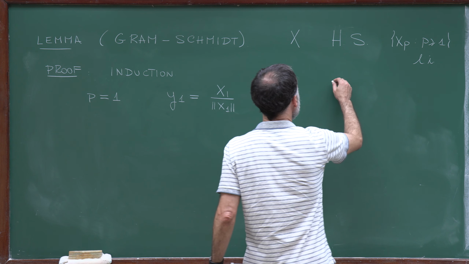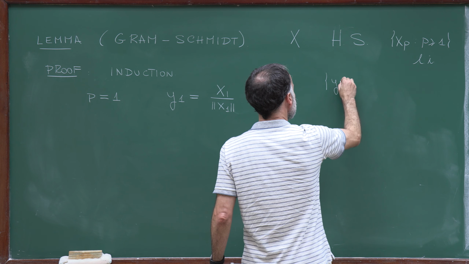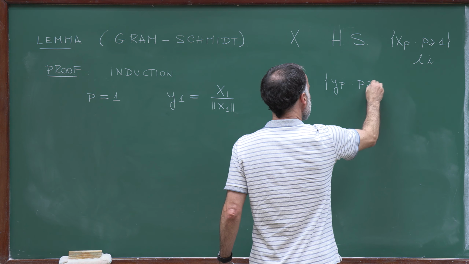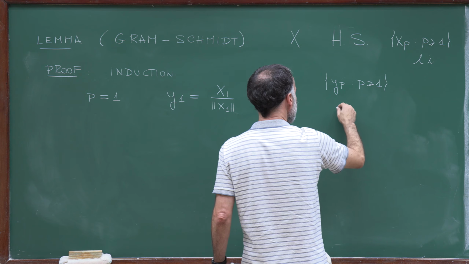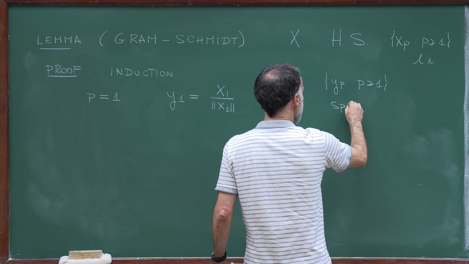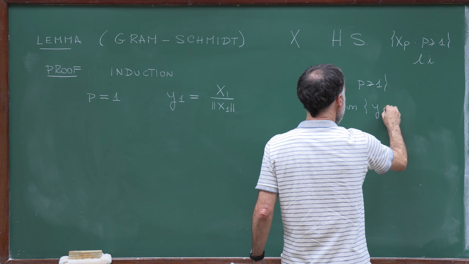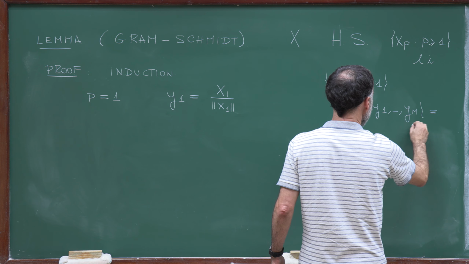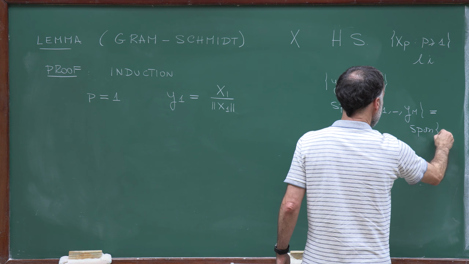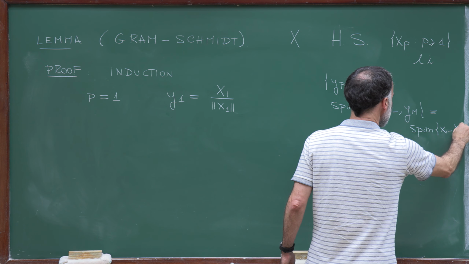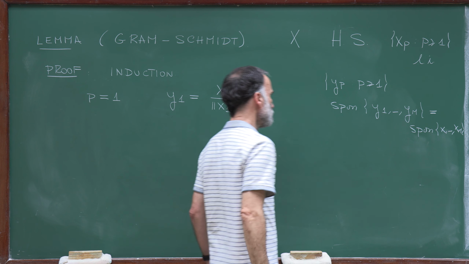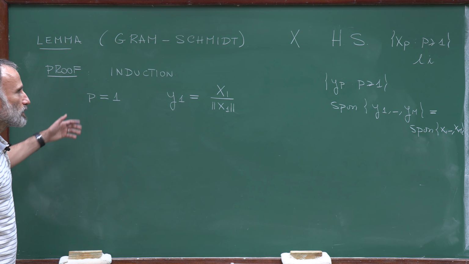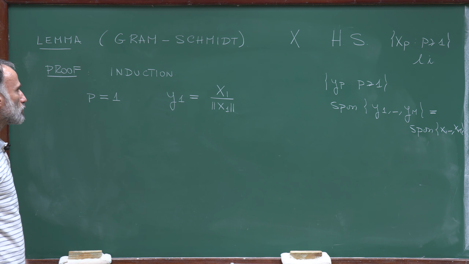So what I'm doing here, I'm constructing this family y_p by induction. And I want that the linear span of y_1 up to y_m be equal to the span of x_1 up to x_m. So I'm proving that by induction. I'm starting with p equal to 1.